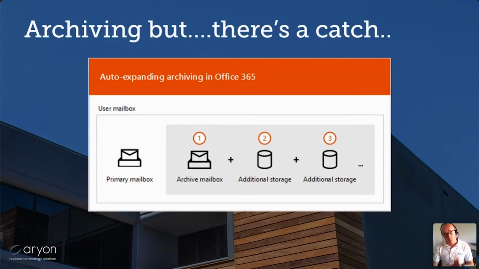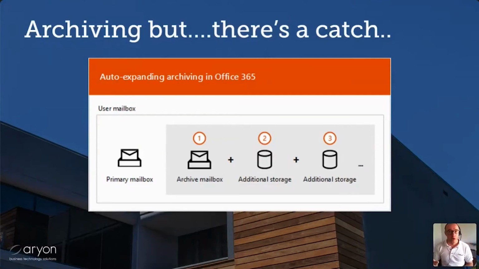Now, when it does this, it actually causes some really unusual problems. You can actually go into your archive attached to your mailbox and get into the folders where this extra storage gets tacked on each time. Great. But the problem is the only way to search inside those is each time an archive storage gets expanded, it creates a new folder in your archive with the date that storage was added.